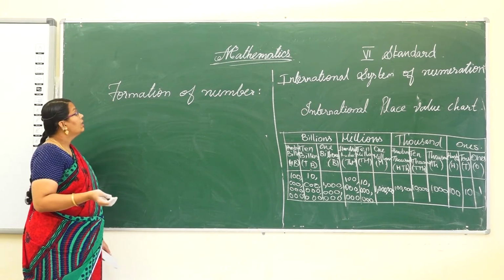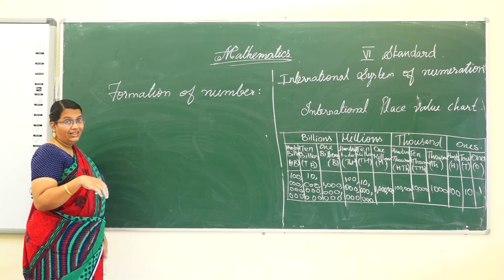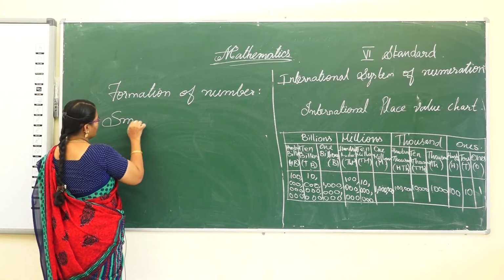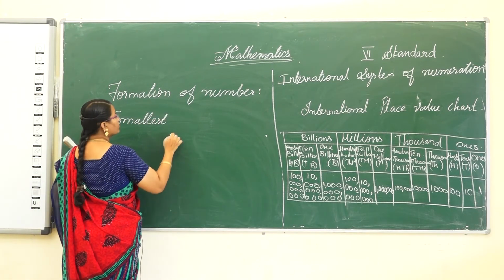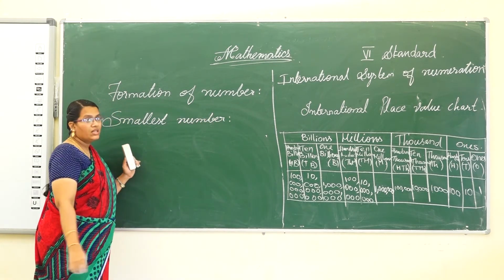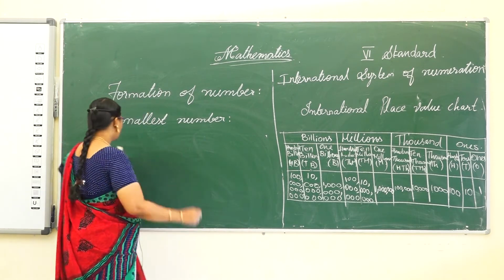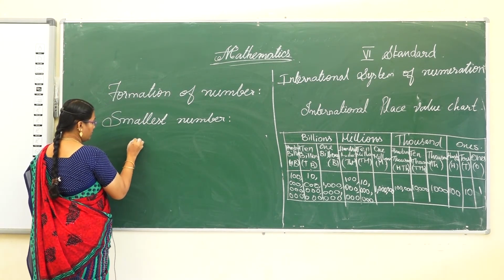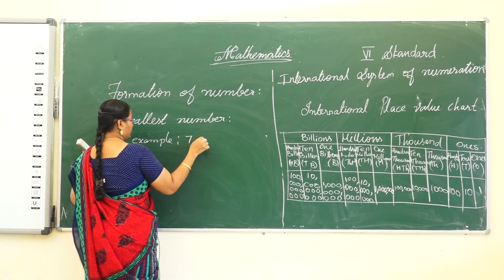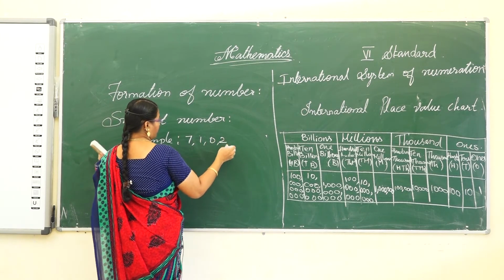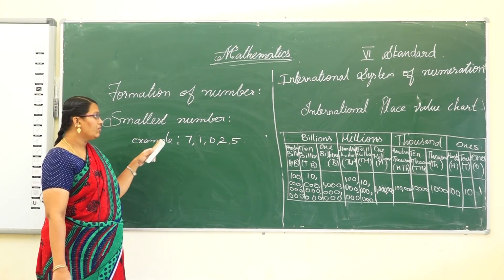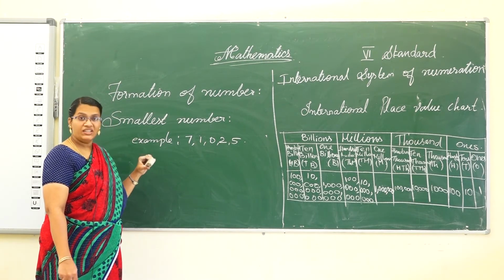How do you write the smallest number and the greatest number from given digits? First, the smallest number. If you want to find the smallest number, first write the given digits in ascending order.